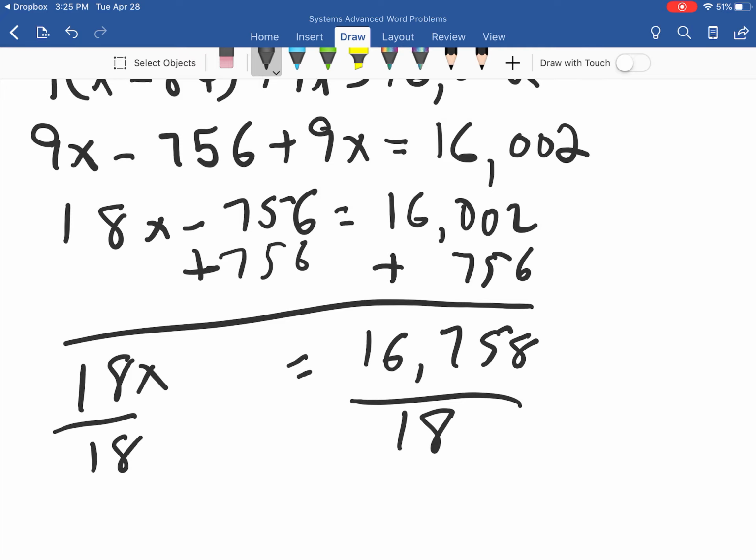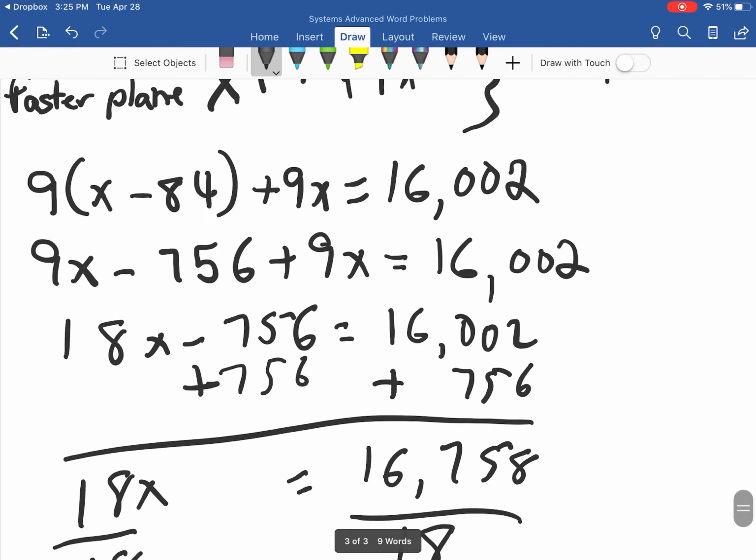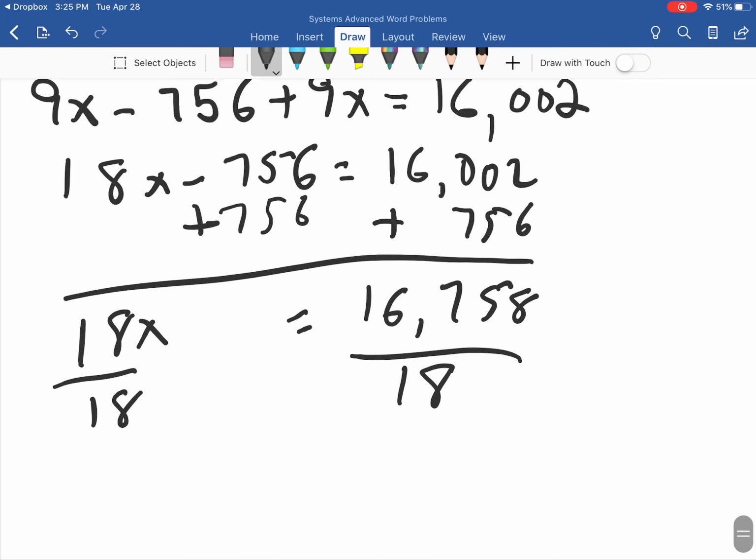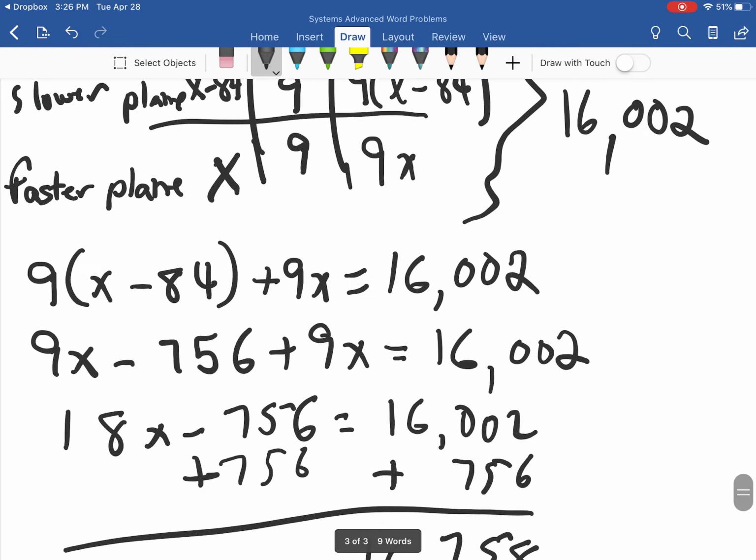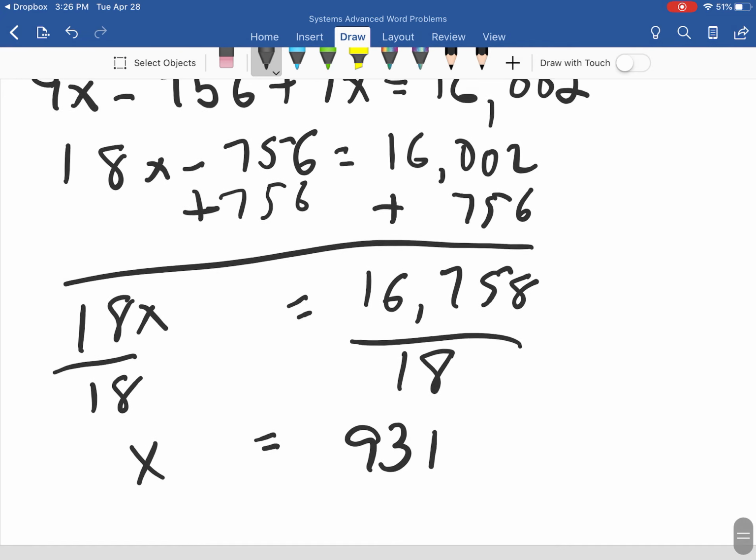Divide, and that is 16,758 divided by 18. X is 931.